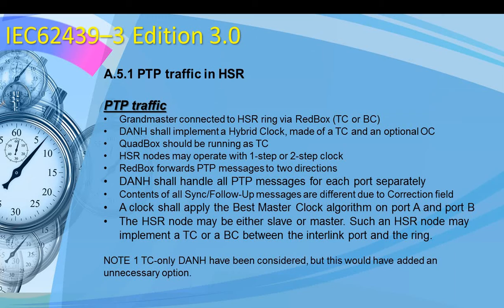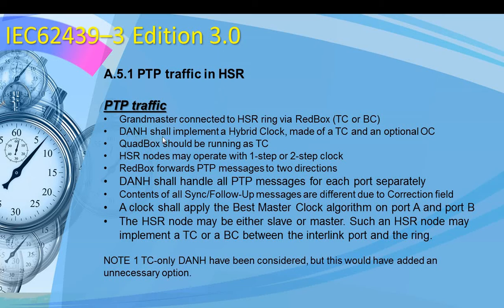But now we are going to talk about PTP traffic, how PTP traffic goes through the HSR ring. For the PTP traffic, the grandmaster must connect to the HSR ring via a RedBox. This RedBox may be running as a transparent clock or boundary clock.